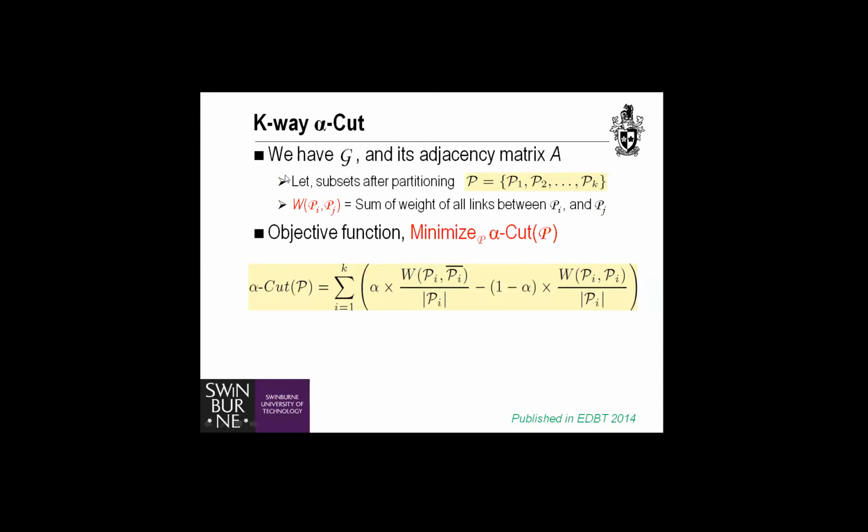We are working on the road graph G, and we have its adjacency matrix A. Let us suppose that the partitioning of G yields this set of K partitions, and let us define a function W, which is the sum of weights of all links between Pi and Pj. Then the objective function in this alpha cut algorithm is to minimize this function, alpha cut P, where this function is given here.